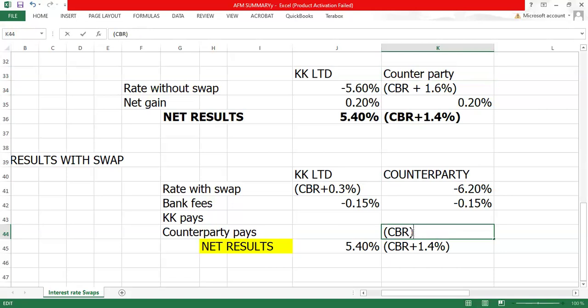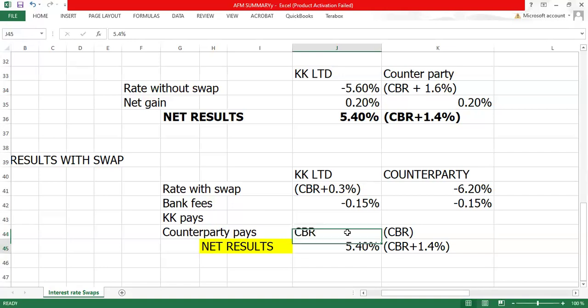These are some of the steps that you can easily recall. The counterparty is paying the CBR. Now, if the counterparty is paying the CBR, who will receive that CBR? The other party. So here you put that CBR in positive form.